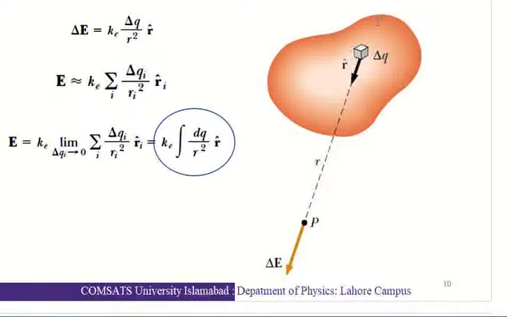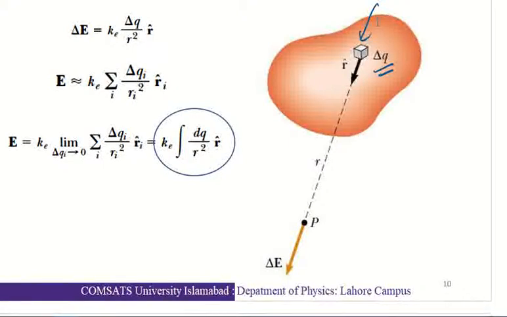For example, in this case, because this is a three-dimensional object, we have divided the shape into volume charge elements delta Q. But the condition is that all delta Q's should be of the same magnitude, should be equal, then it would be easy.